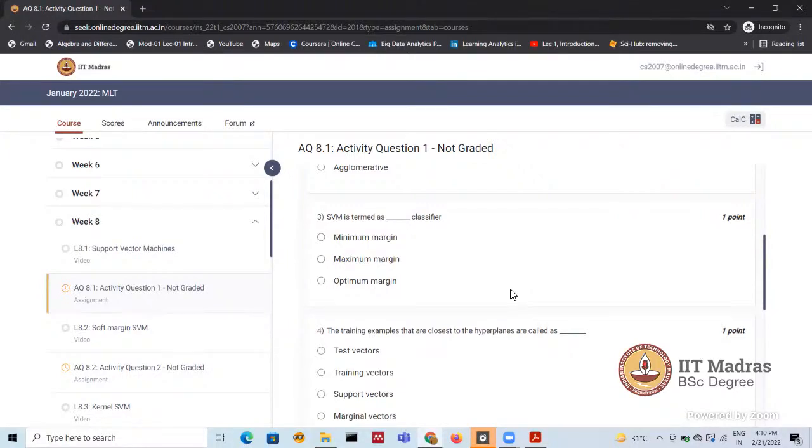Maximum margin. And why do we call them maximum margin classifiers? It is trying to make the boundary such that the support vector boundary has to be maximized to cover all the data points. In the SVM algorithm, as you have seen, we first try to identify these support vectors, and then we try to draw planes around them.